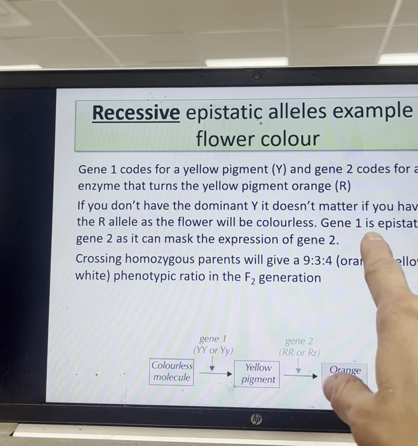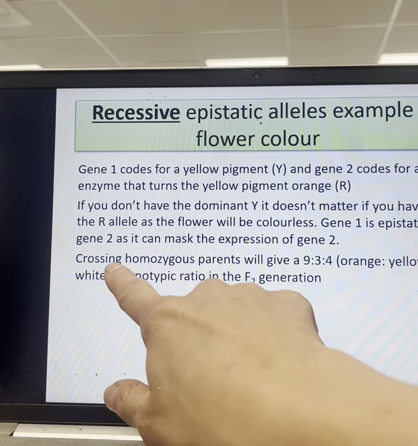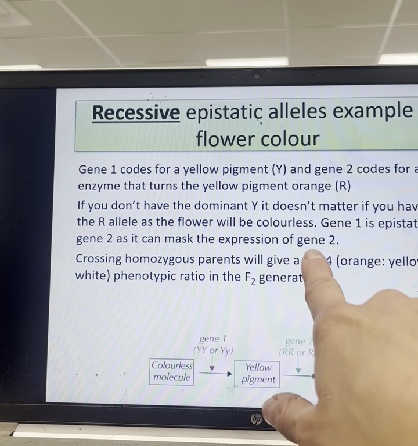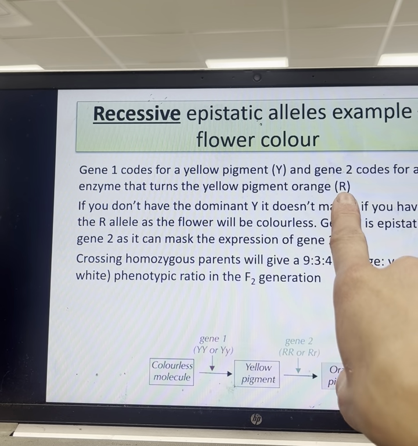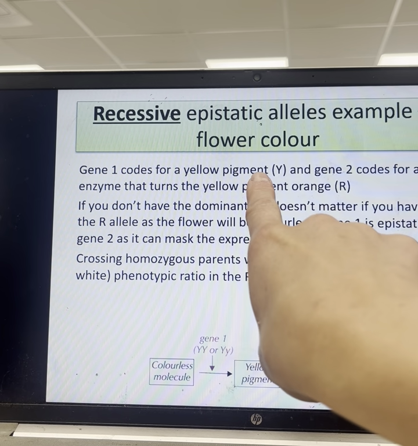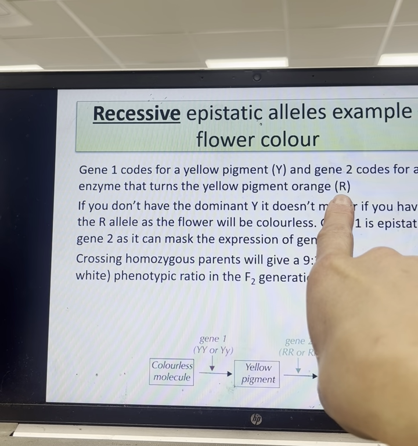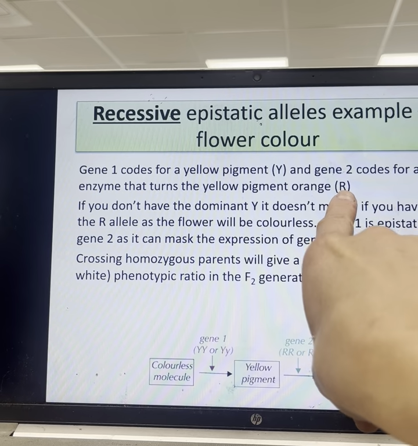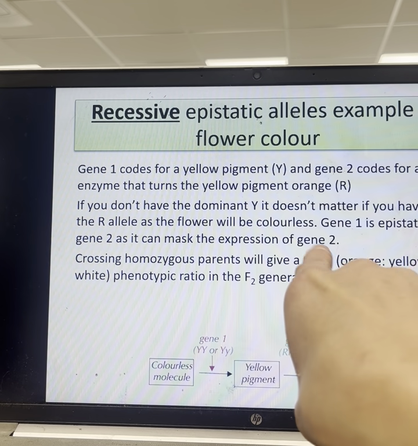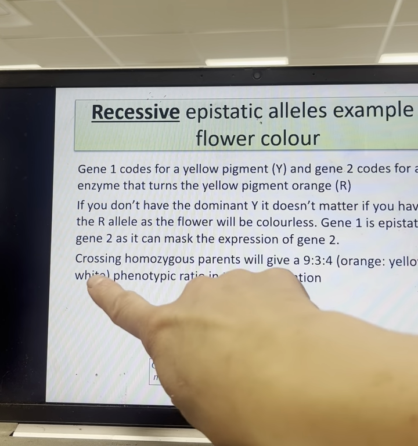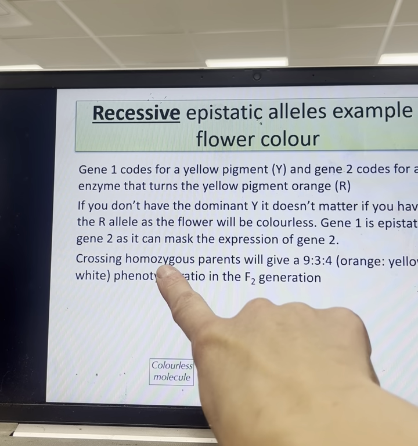Gene 1 is epistatic to gene 2, as it can mask the expression of gene 2. That masks the expression of that. If you've got it, it goes orange, but if you've got that, it's yellow, is what it's saying, I think. Crossing homozygous parents.